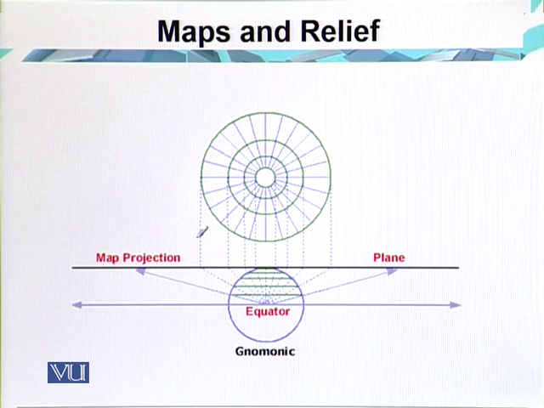Because the lines of latitudes are equally spaced, so these areas are truly pictured. But the areas which are closer to the equator, here the distance is increased. That's why it's not the true picture of the land. This projection shows that the polar areas are truly represented on a gnomonic projection.